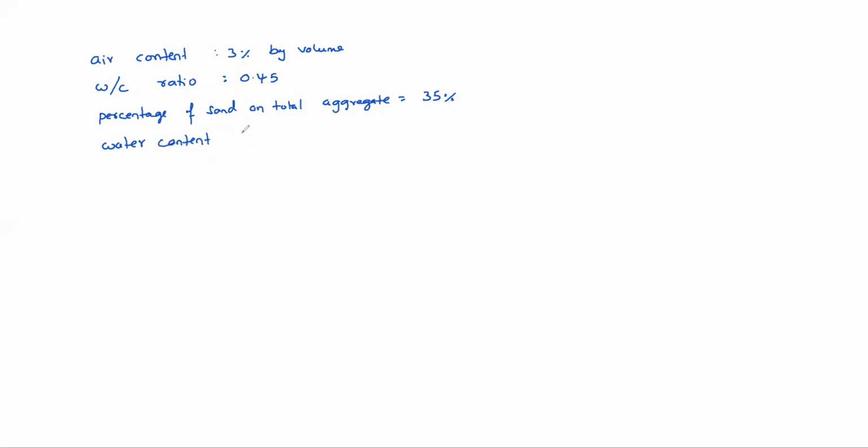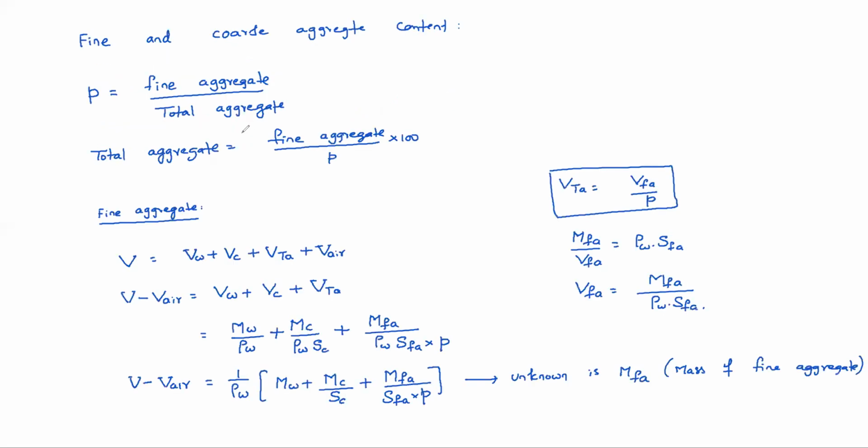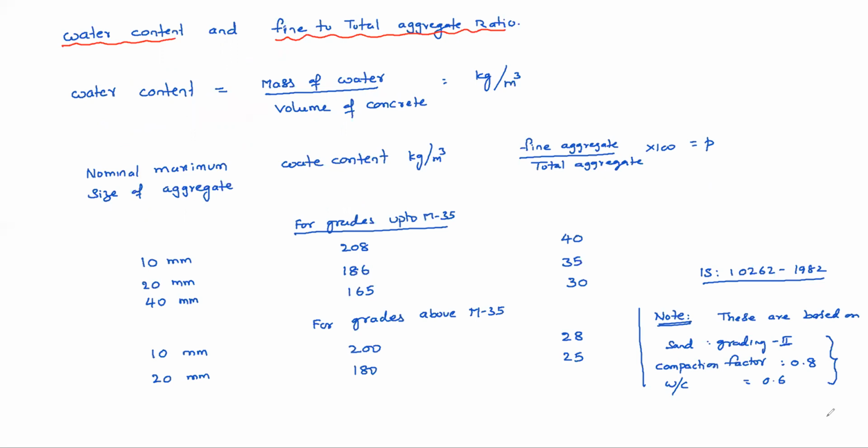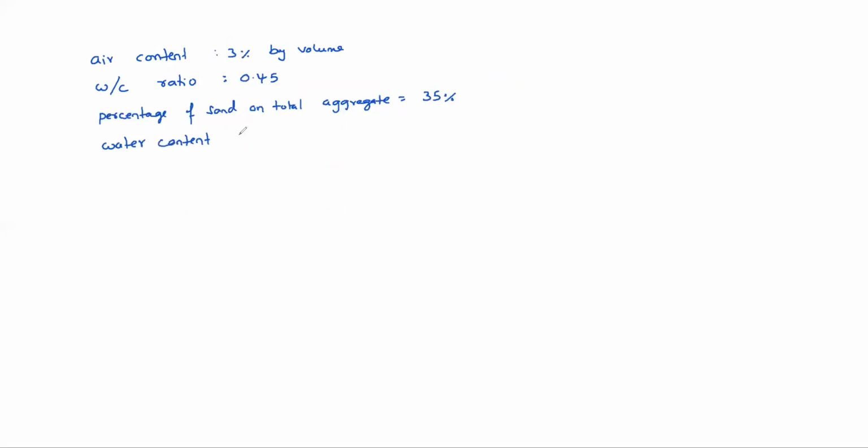Water content is how much? Where is that water content? Okay, let us take 180. Water content equal to 180 kg per meter cube.